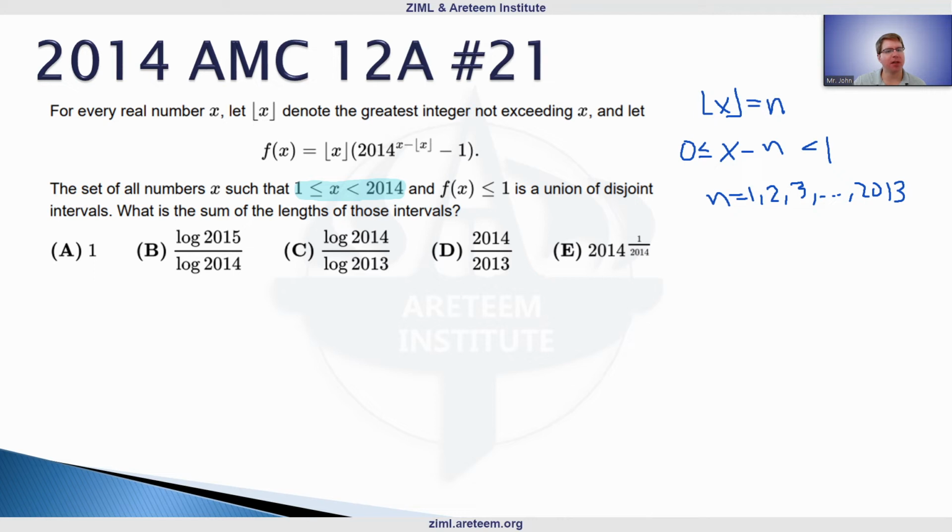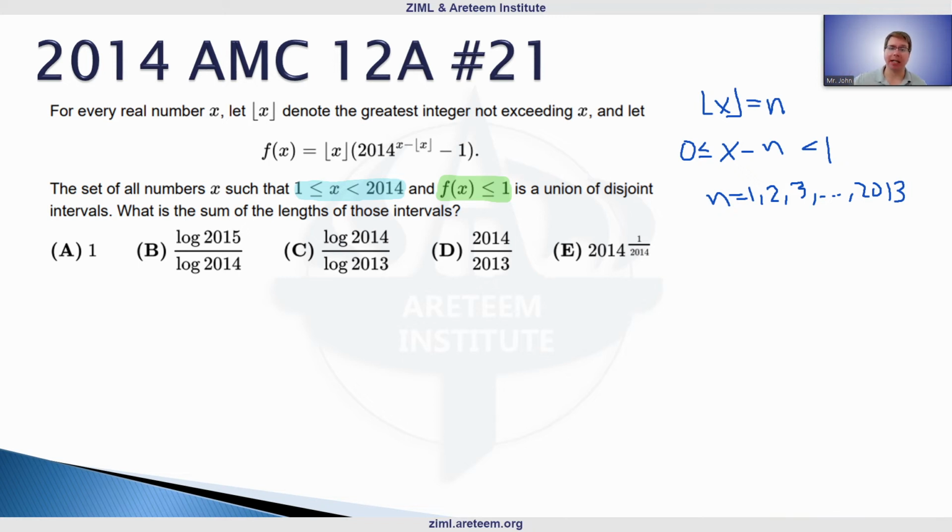So we have this function floor of x times 2014 to the x minus floor of x in the exponent, minus 1. Taking it step by step, we are looking for the places where f of x is less than or equal to 1.